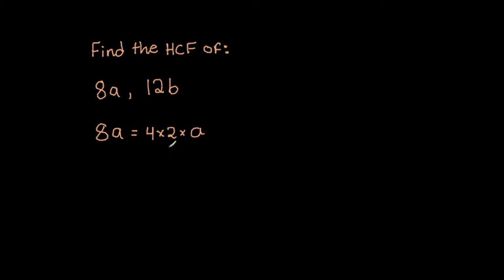The only factors of 2 are itself and 1, so it cannot be broken down into other smaller numbers. But the 4 in this case can. The 4 is basically equal to 2 times 2. So I'm going to replace the 4 with 2 times 2, and then we have times 2 times a.